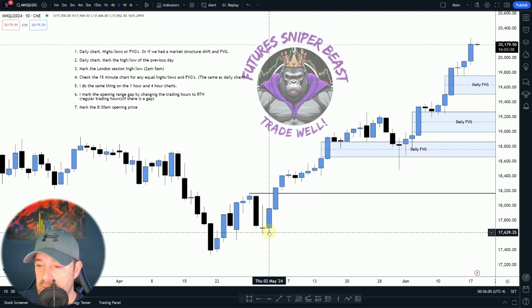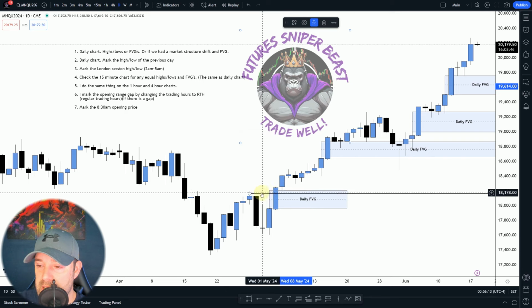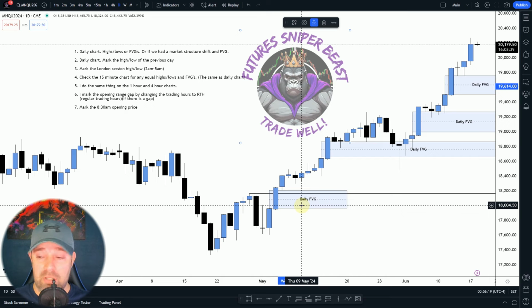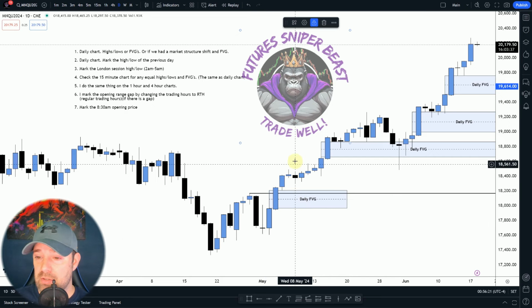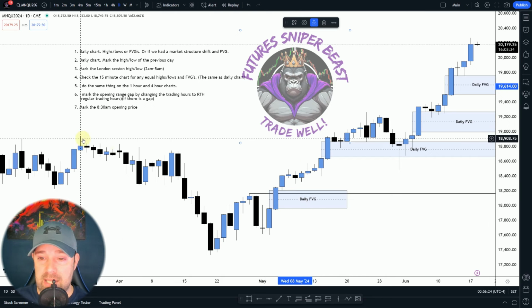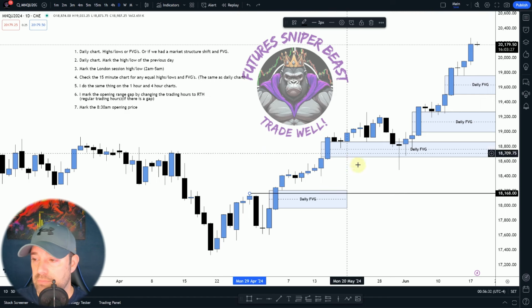So immediately when this bar closes and we have this market structure shift and this fair value gap, now I am bullish. I'm expecting price to continue up, probably to take all these highs here. Sure enough, it took all the highs and it just keeps going.